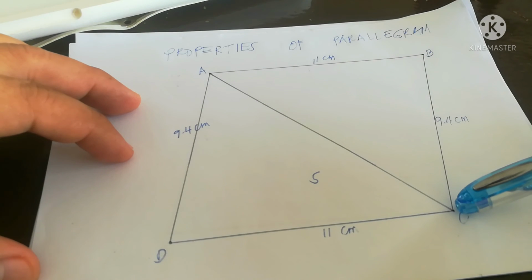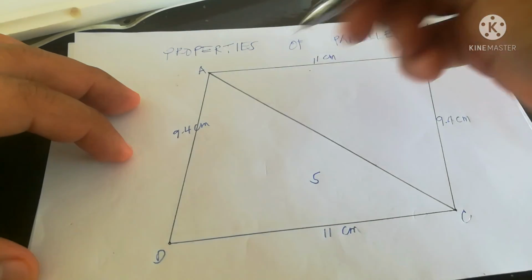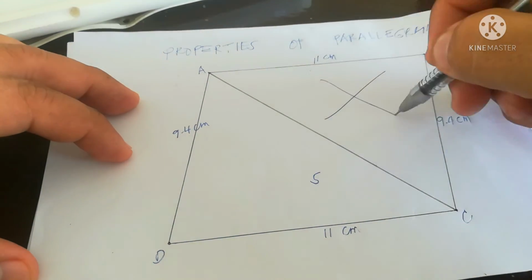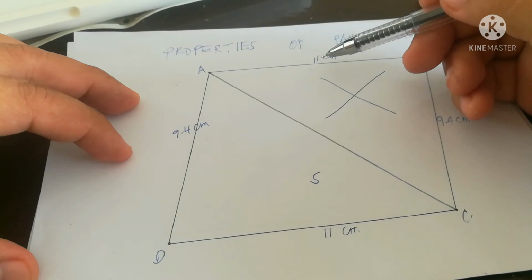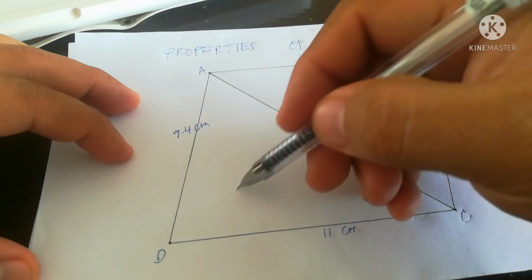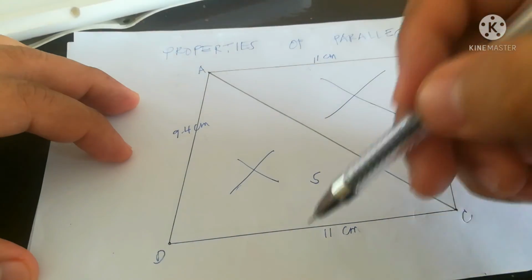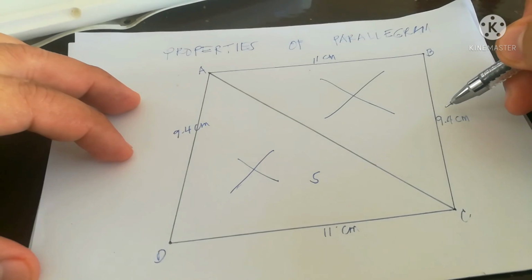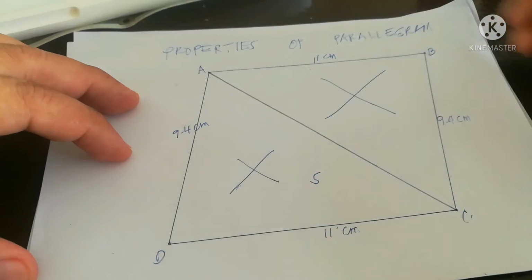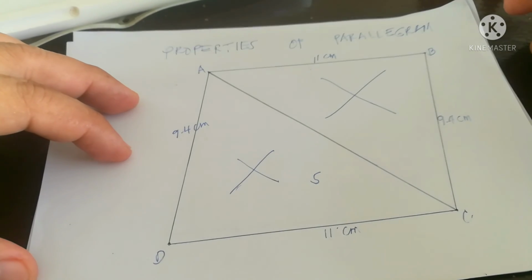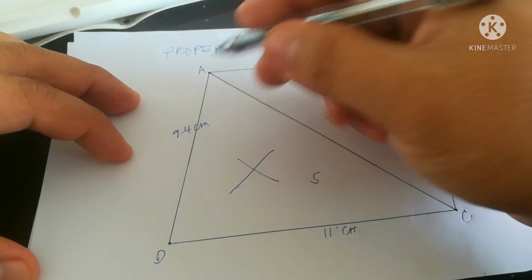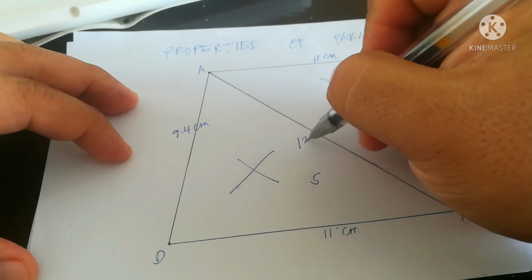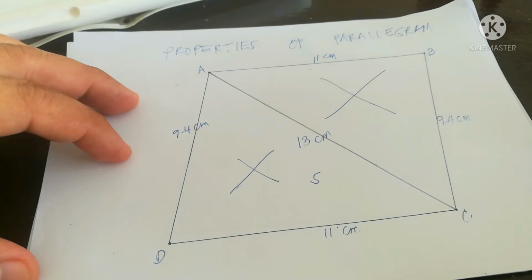So as we can see, if this is one triangle, it has an 11 cm side, and this other triangle also has an 11 cm side, and another side is 9.4 cm, and another side is 9.4 cm. And the diagonal measures 13 centimeters.